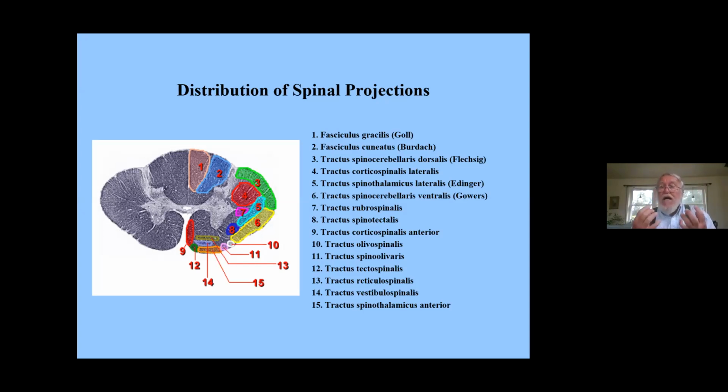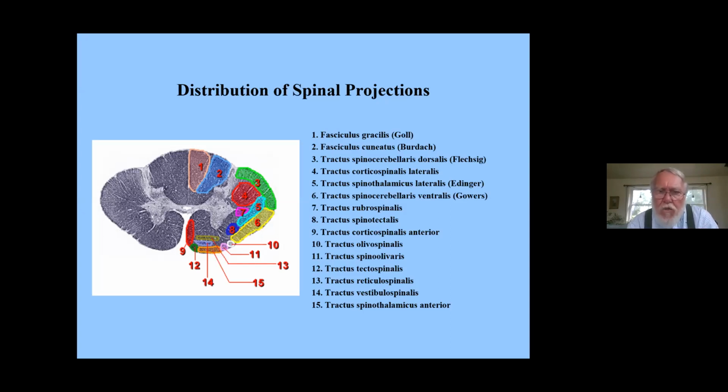And the nuclei of Clark are getting information through the thoracic cord and into the lower cervical cord, input coming in from both visceral and somatic sources. And what the axons of the columns of Clark form is 2 tracts.